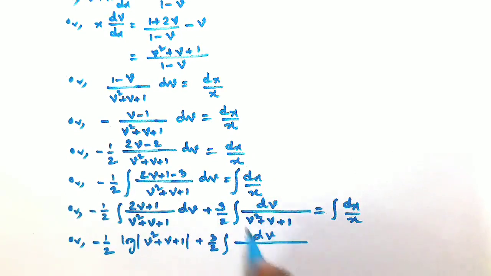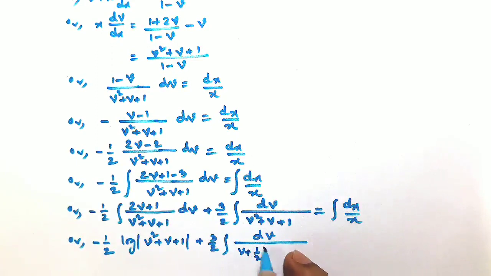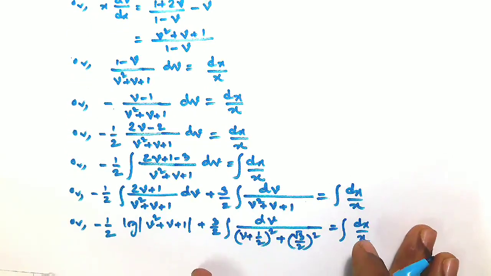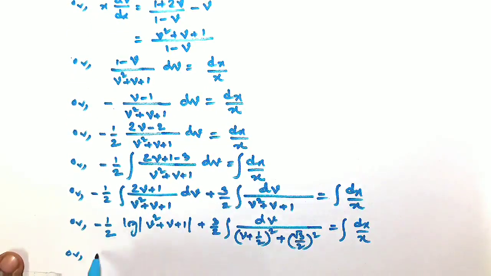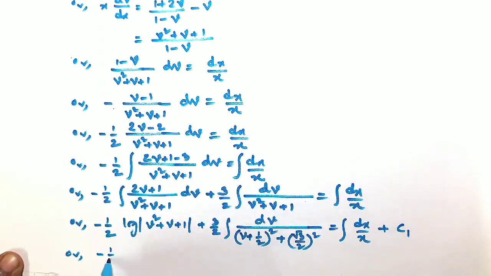This part can be written now as (v plus half) whole square plus 3 divided by 4, that means (root 3 divided by 2) whole square, is equal to integration dx upon x. Now you may introduce a constant here, say c1, minus half log of (v square plus v plus 1) plus 3 upon 2.